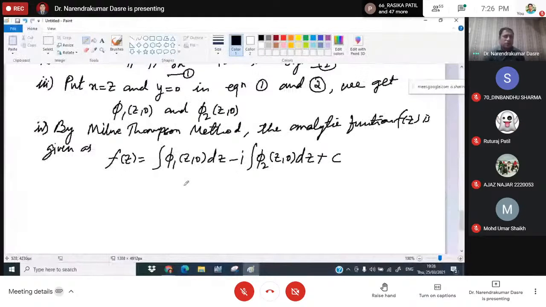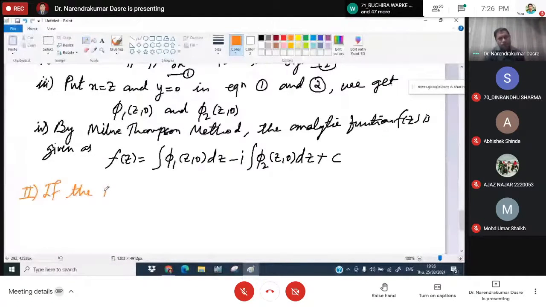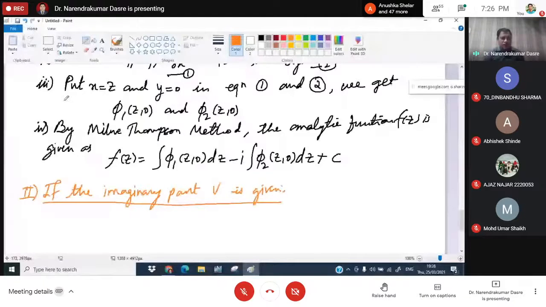Okay, so the second type, if the imaginary part v is given. Okay, so very similar steps we have to follow. Only thing is that the calculation we have to do with respect to v now. And hence the first step, always declare the function.